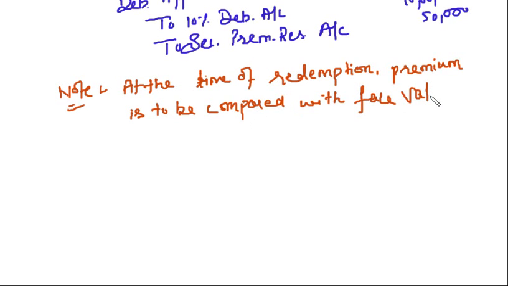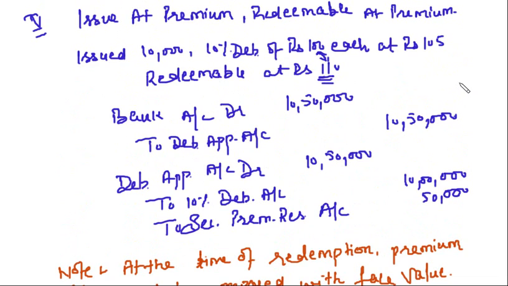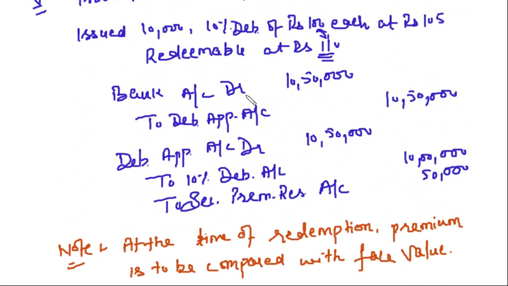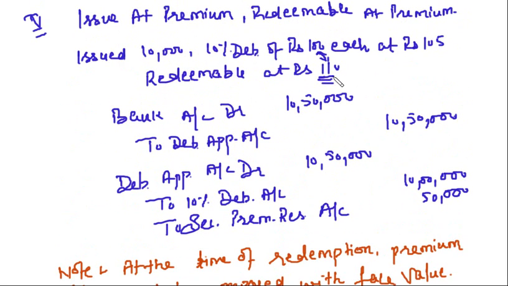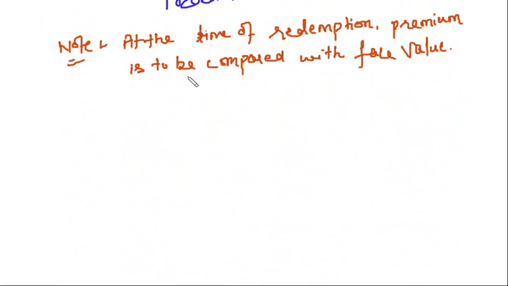In this case, we'll consider it with rupees 100, because 5 rupees we have kept in a separate pocket. What is there in the debenture pocket, we have to consider with that. So what is the ultimate loss? Ultimate loss is 10 rupees on 10,000 shares. That is 1 lakh rupees.